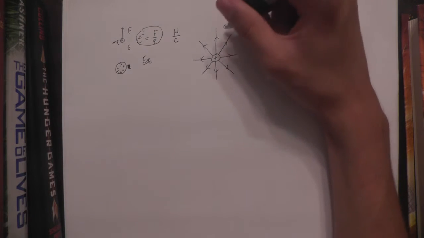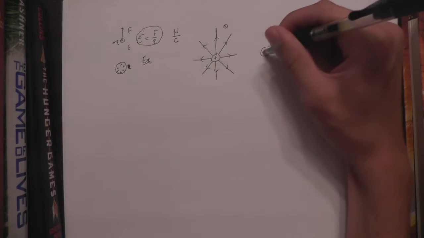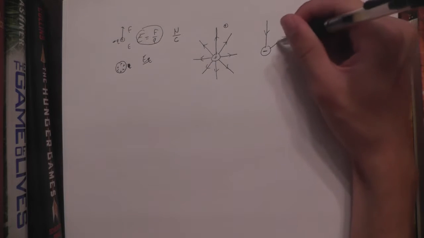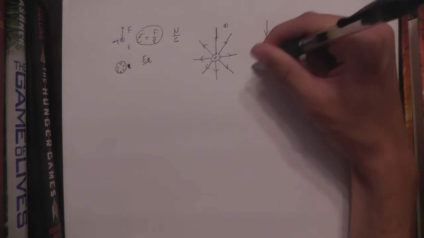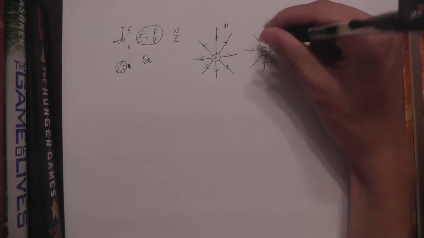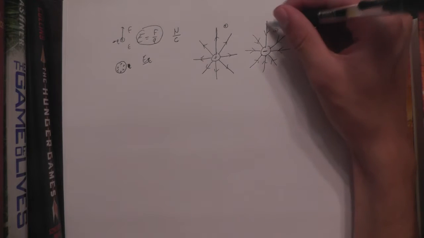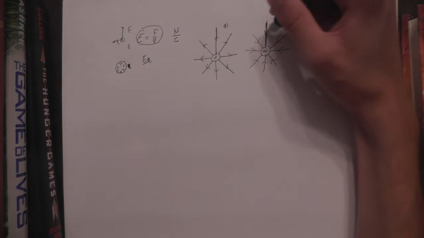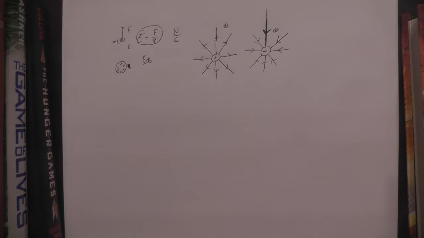And any test charge of a positive value is going to be pushed away, right? However, if you have a negatively charged object, the field lines are always going to be towards the object because any positive charge will be attracted to it. And that's a pretty simple thing there. The magnitude of the strength is seen through the density of the lines, and its extent is seen through how long it is. It's pretty simple.